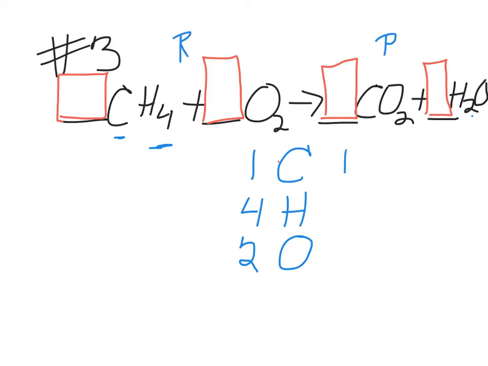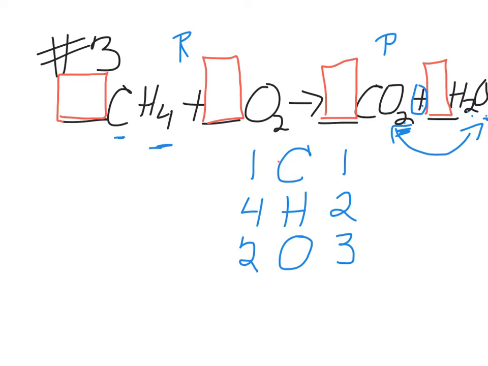I have 1 carbon. Now this is a little different. I have 2 oxygens on each compound. I have 2 over here, and I have 1 over here. So anytime you have a plus in between, 2 plus 1 gives me 3 total oxygens. Okay. All right, now I have 2 hydrogen.